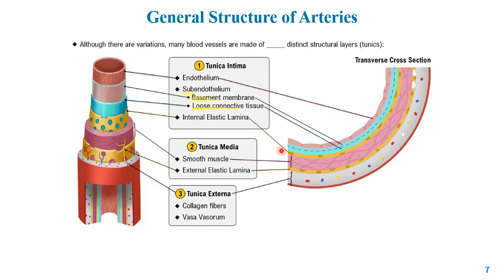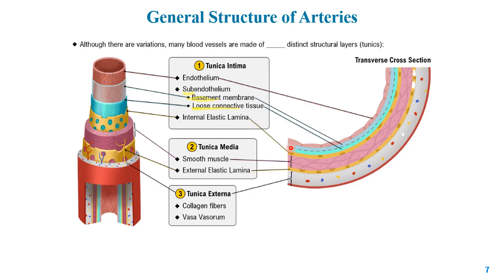This is very important for the bigger arteries, because they have to have a lot of elasticity. They have to expand and then contract, coil back like a rubber band. So this layer is quite important for that, and that is what makes your first intimate layer.